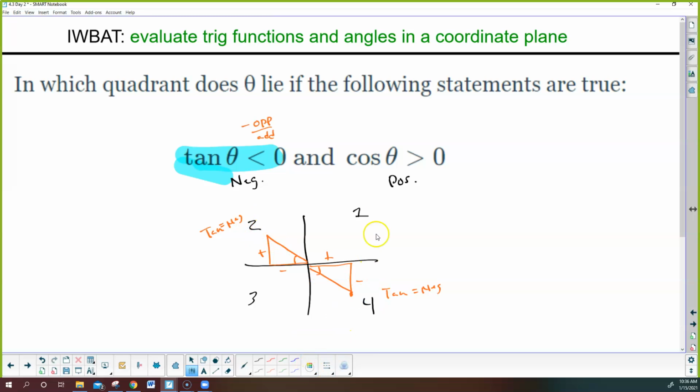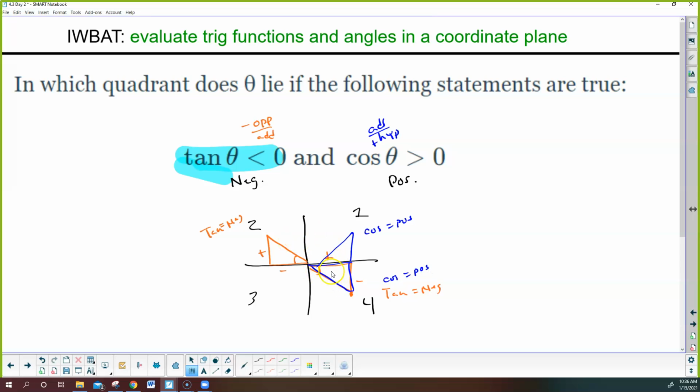And then I'm going to look at when is cosine positive. Well, cosine is adjacent over hypotenuse. And we know the hypotenuse is always positive, right? So that means the adjacent, which is always the side on the x value, so we could have cosine being positive here, or cosine is positive down here.